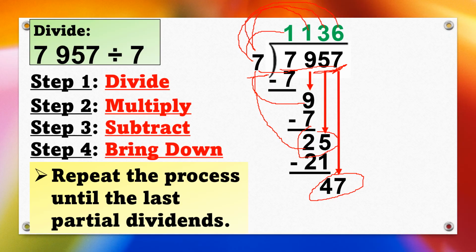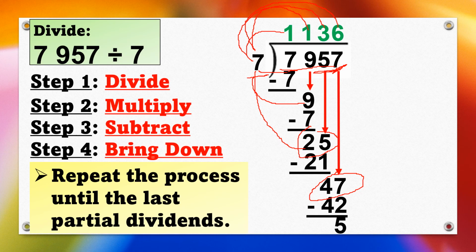So 6 times 7 is equal to 42. You're going to write your product below 47. Okay, so step number 3, you're going to subtract. Subtract 7 minus 2, which is equal to 5. And 4 minus 4 is equal to 0. No need again to write 0 before 5.